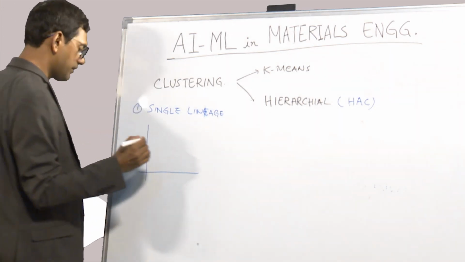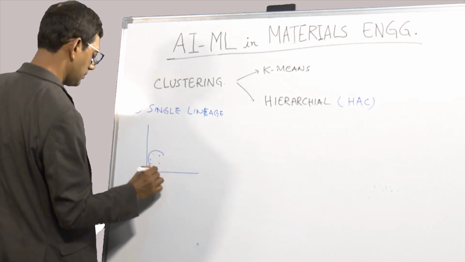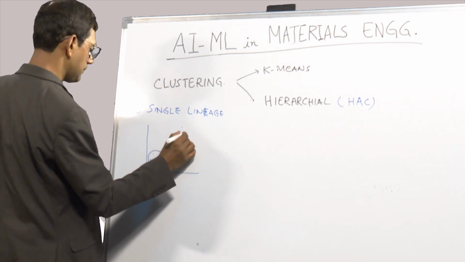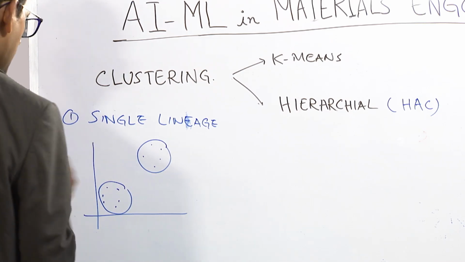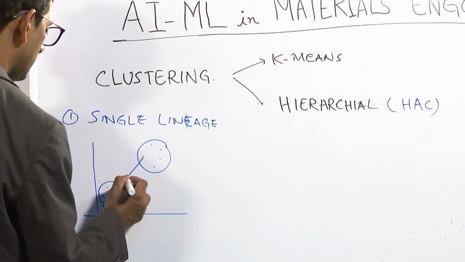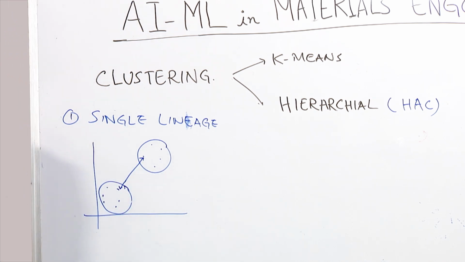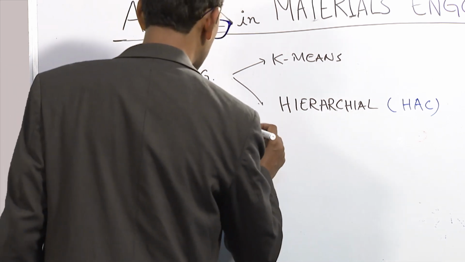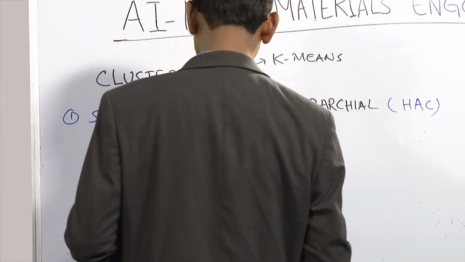This is one cluster, these are other clusters. You can clearly see the distance of this point and this point. This is the closest distance or shortest distance. So, it talks about the shortest distance between the closest points of the clusters.